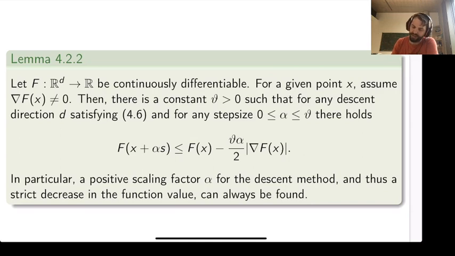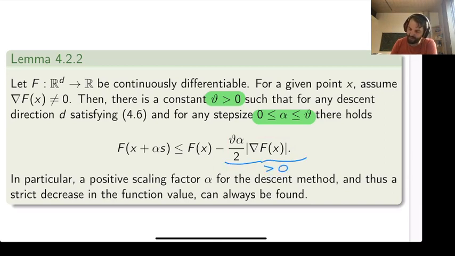we can't take arbitrarily large steps, but we can take sufficiently large steps. So here we have a theta greater than 0, so we can pick alpha of size at least theta, which is bigger than 0, and therefore all of these numbers are strictly positive. So this whole thing is strictly positive.